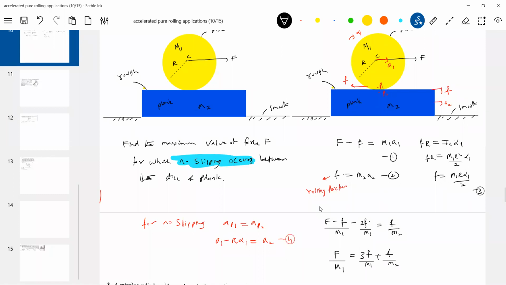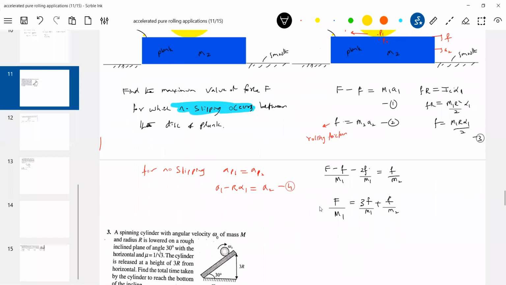Therefore, the expression for capital F: take small f outside, (3M2 plus M1), or F is equal to f times (3 plus M1 by M2).